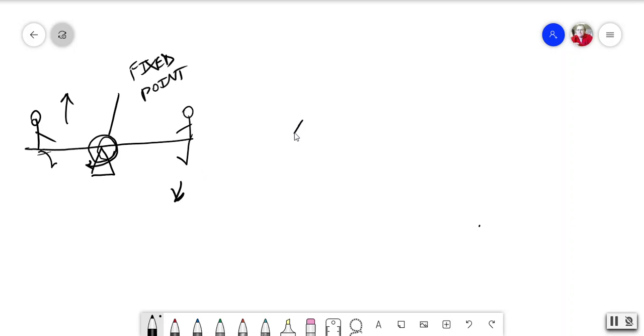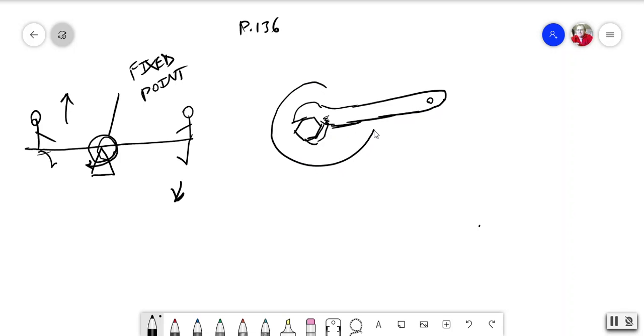But you could, for example, and this is on the next page, page 136, if you had a nut and you had a wrench, say a crescent wrench, around that nut, you could rotate that wrench completely in a circle as you are undoing the nut. You're screwing it out from whatever it's attached to.